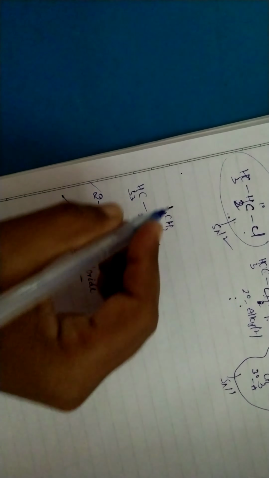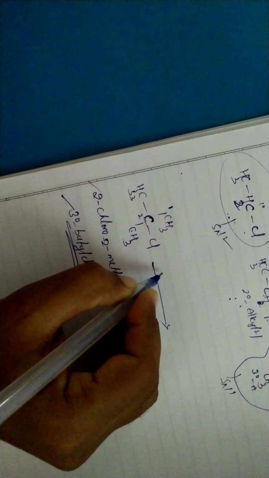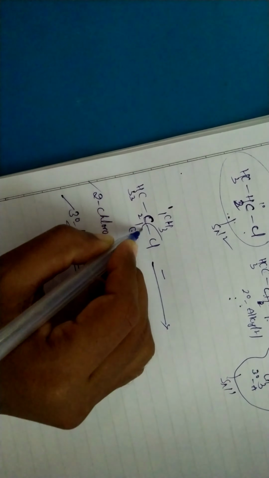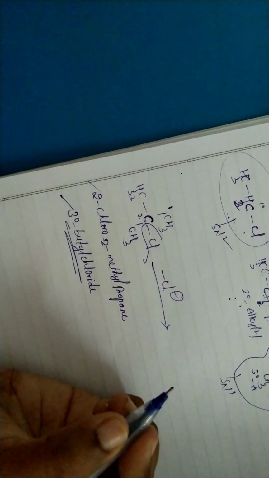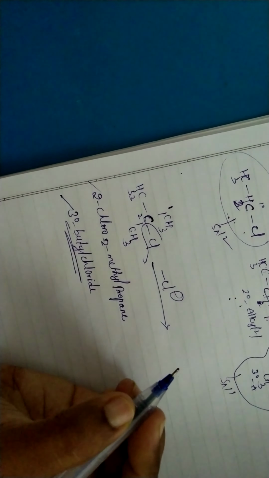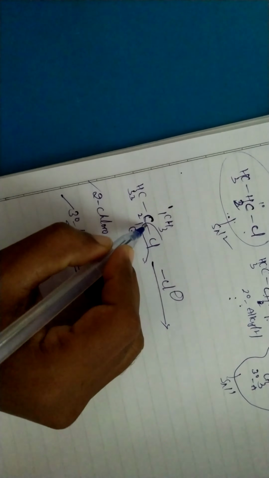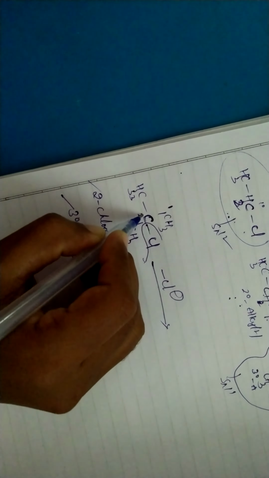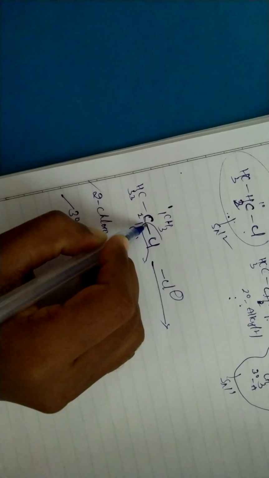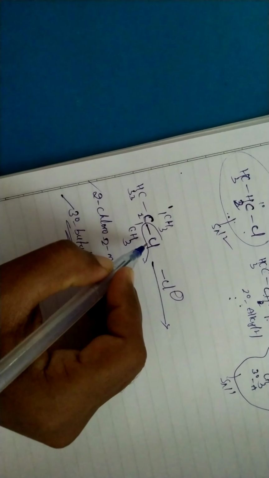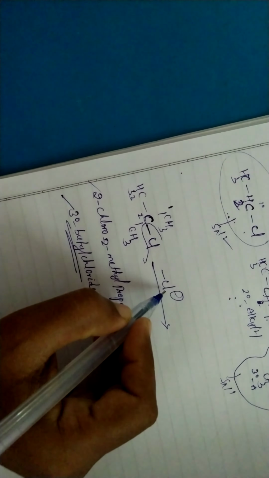So in step 1, what happened, let's see. In step 1, the chlorine is eliminated as Cl minus, going out as a nucleophile. The chlorine has more electronegativity than the carbon, so the bonded electrons are attracted by the chlorine and it is eliminated as Cl minus.